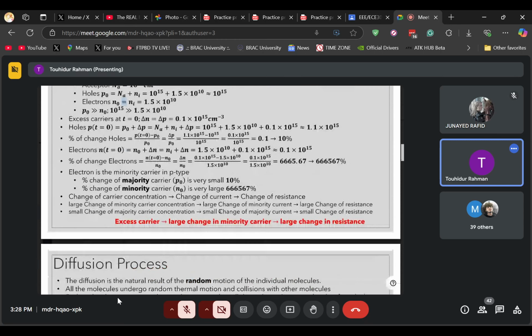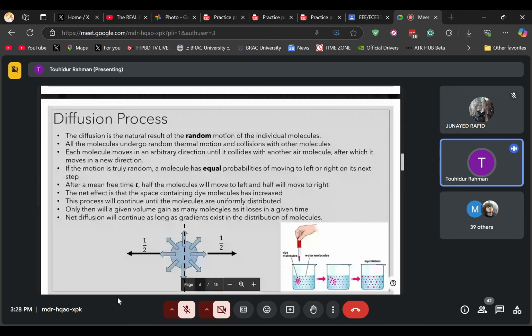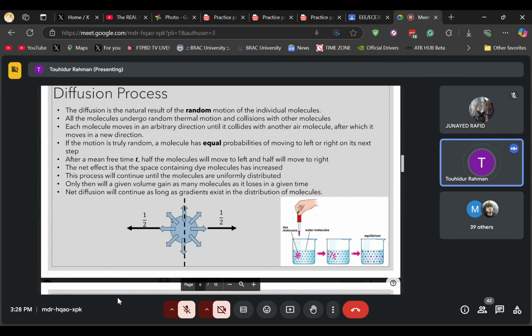Okay, let's move on to the next slide. So this is the diffusion process. The summary of this slide is that if we have a carrier concentration, the carriers will diffuse in random directions. That means the probability of diffusing in any particular direction will be equal.